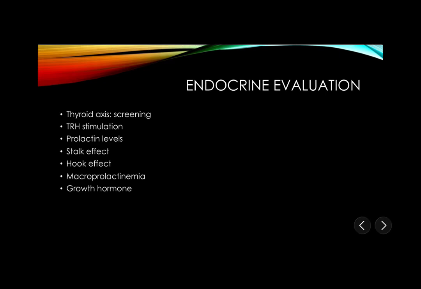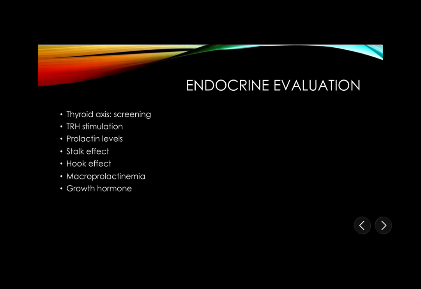But if the TSH is not able to peak, then it means that the problem lies within the center, the pituitary. But if the TSH is exaggerated, meaning it is very, very high, then it means that the problem lies within the thyroid, that it is unable to secrete any thyroxine for use by the body.